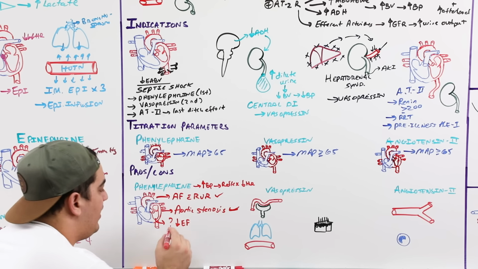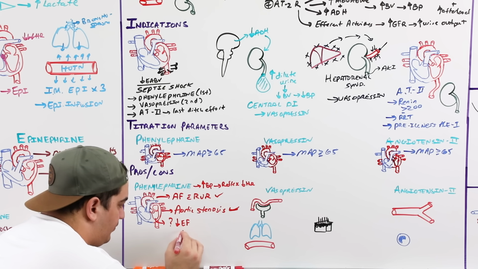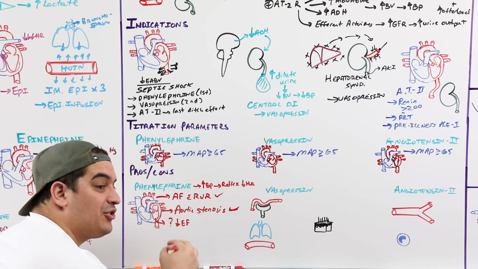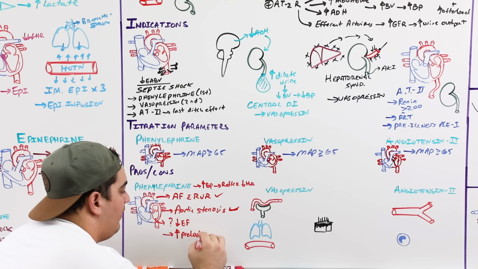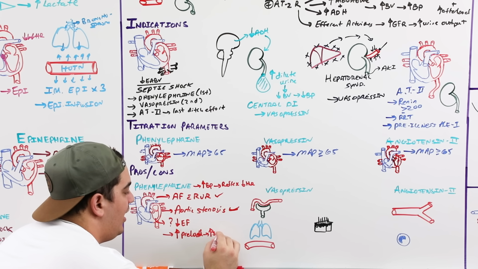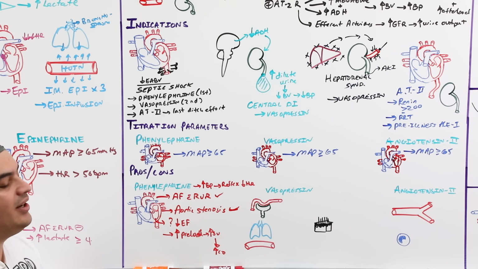But one of the things that you have to remember is not only does it increase afterload, it also increases your preload. And if you increase the preload, that should increase the stroke volume, and that should increase the cardiac output. But here's the big thing.